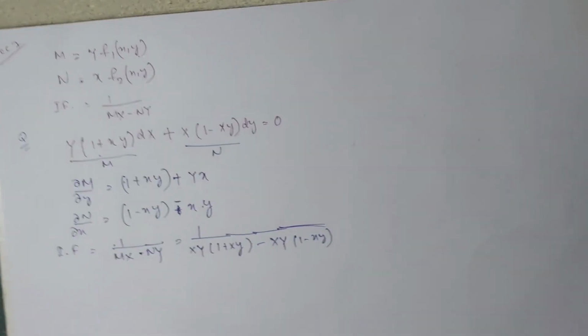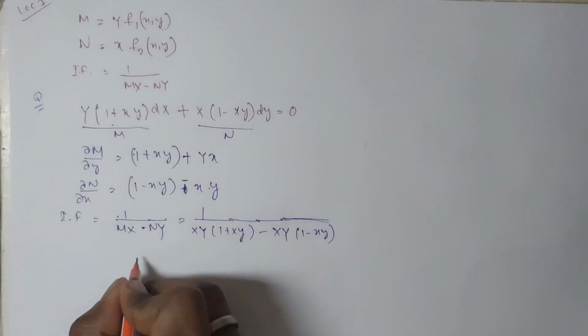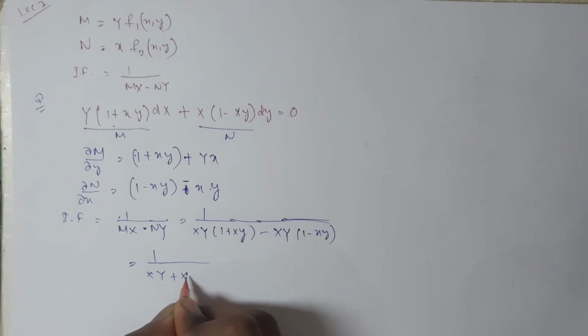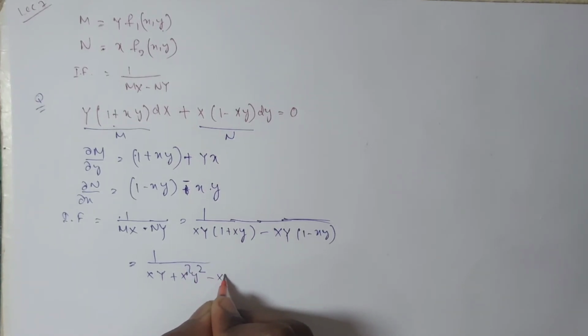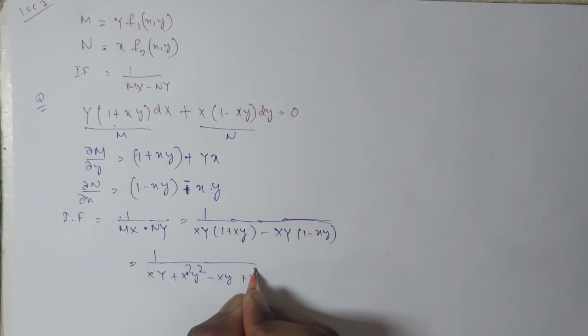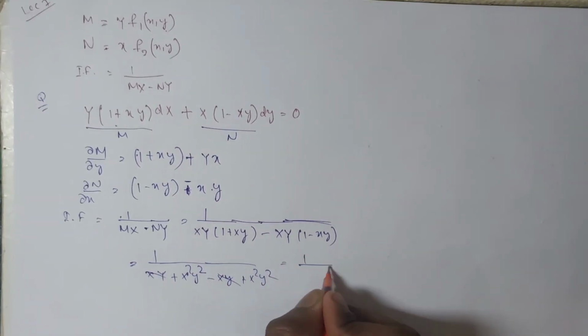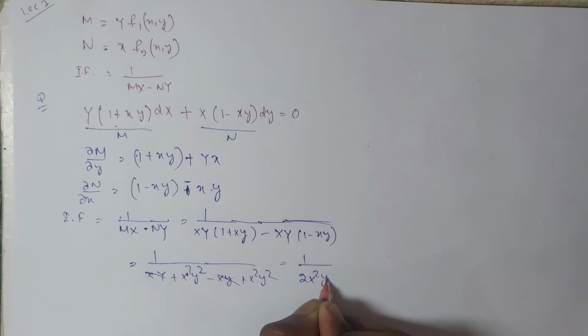This equals 1 by (xy plus x square y square minus xy plus x square y square). So this equals 1 by 2 x square y square.